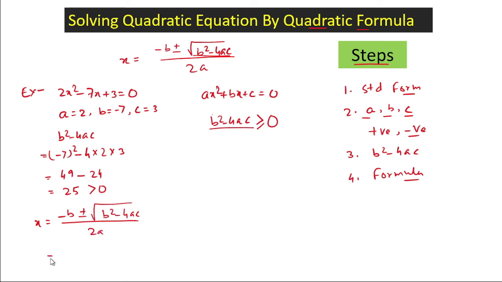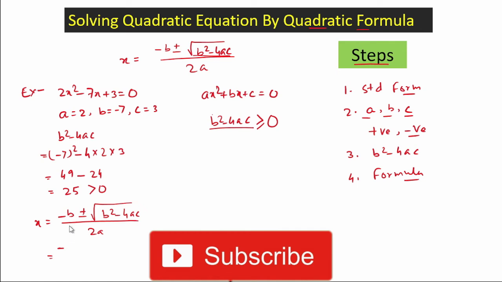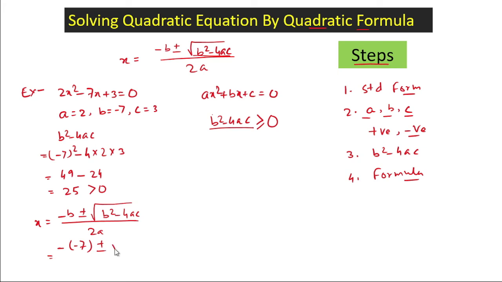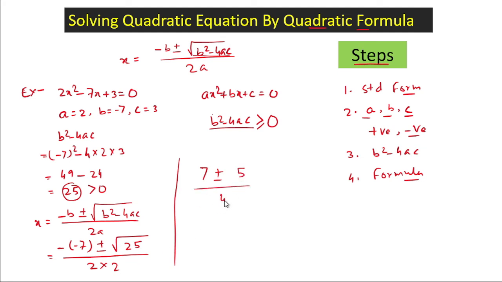Now we write minus b, where the value of b is minus 7, plus or minus the square root of 25, which we have calculated as the value of b square minus 4ac, divided by 2 times the value of a, which is 2. So that is 7 plus or minus the square root of 25, that is 5, over 4.